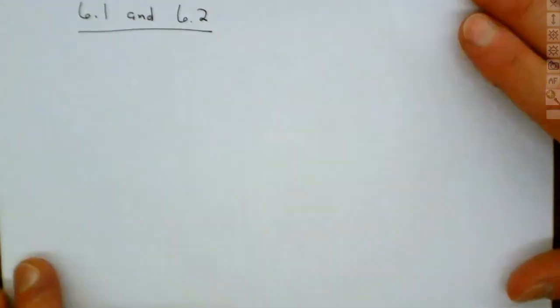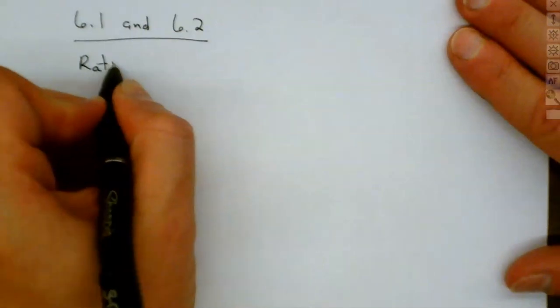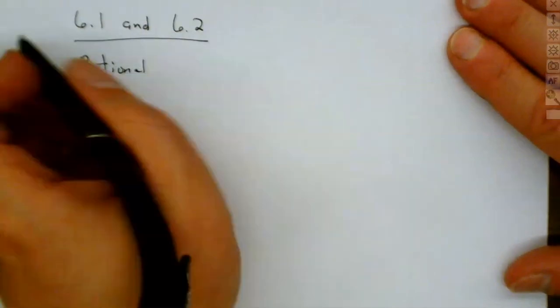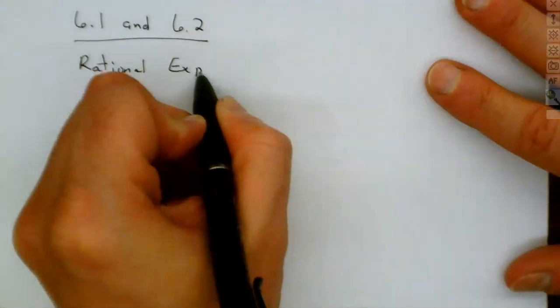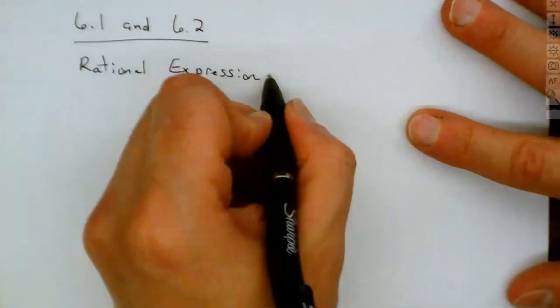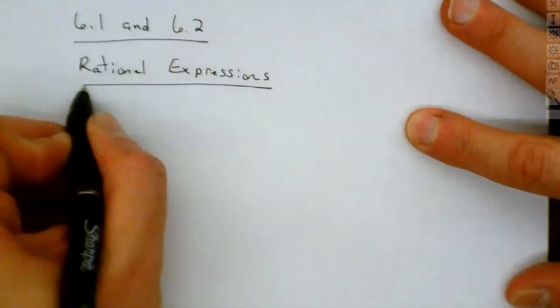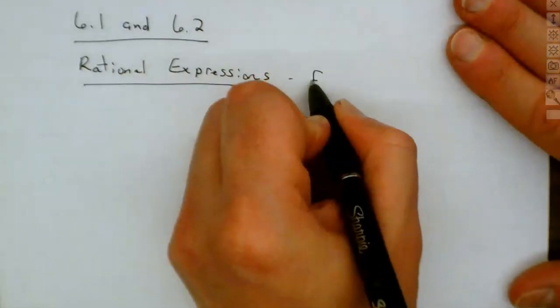These are going to be rational functions, or expressions. And we'll probably just label it rational expressions. But these can also be functions. Rational expressions are functions. And what these are is these are fractions.